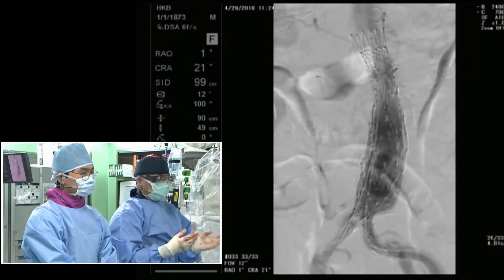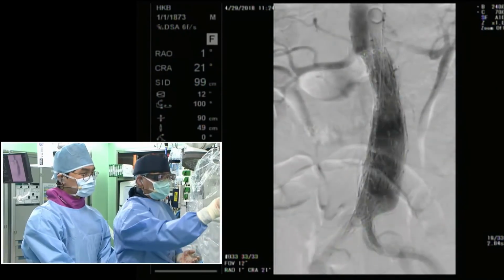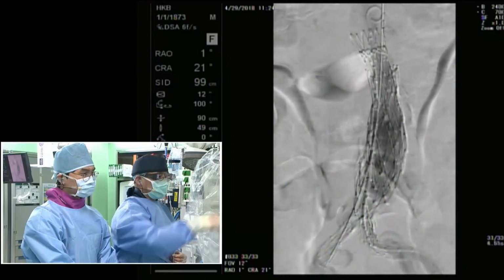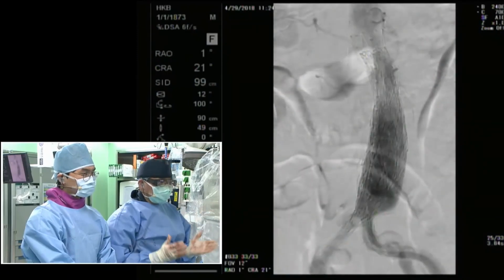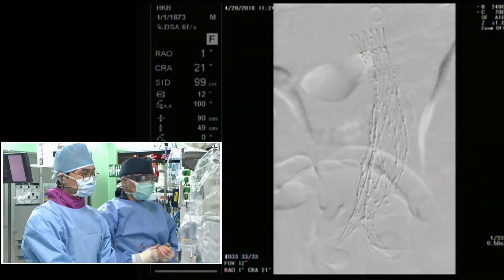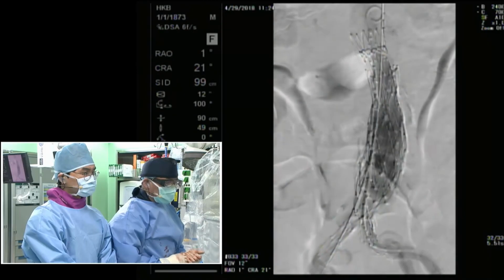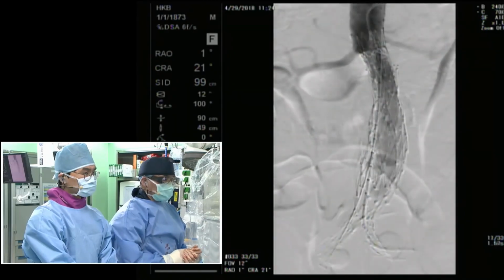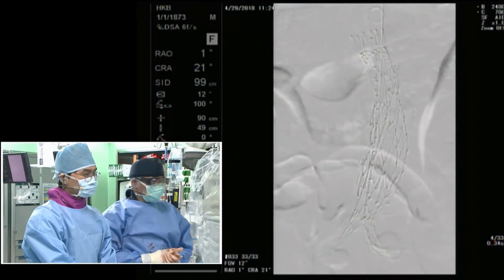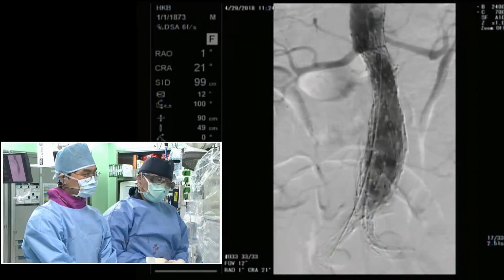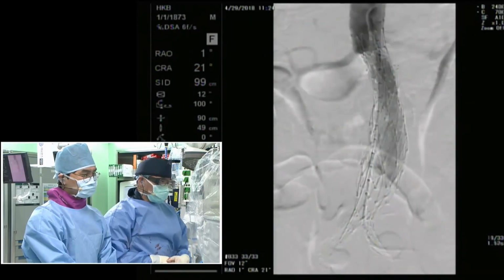If somebody has a little experience with this device, then he may think there is an endoleak at the proximal part and the distal aorta, but it is the active sealing, so it is within the graft, and I don't think there is an endoleak, at least in my eye. So I'm quite satisfied with the result. Do you think we need to dilate the iliac arteries? I'm not going to dilate, but I don't know.